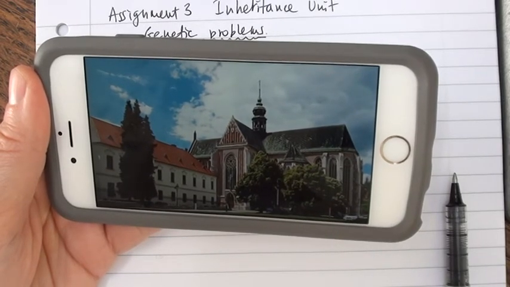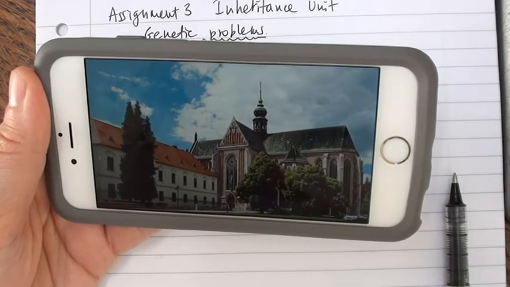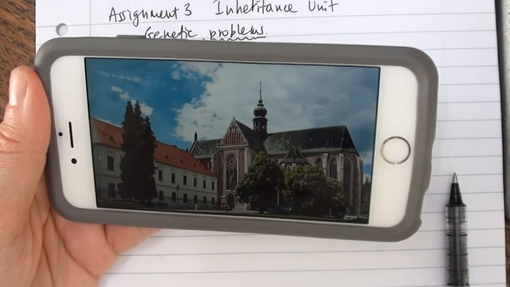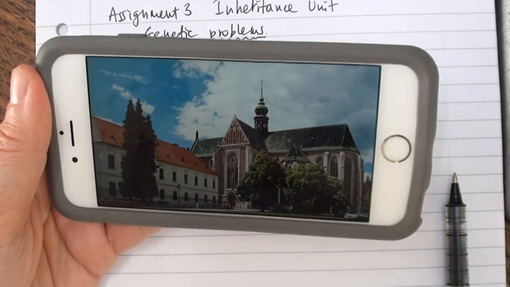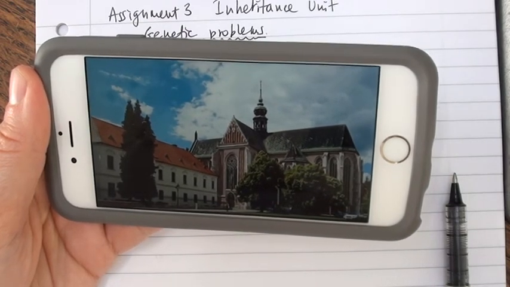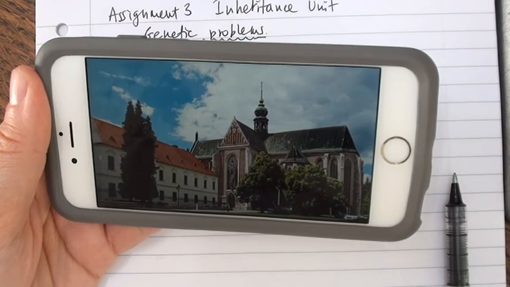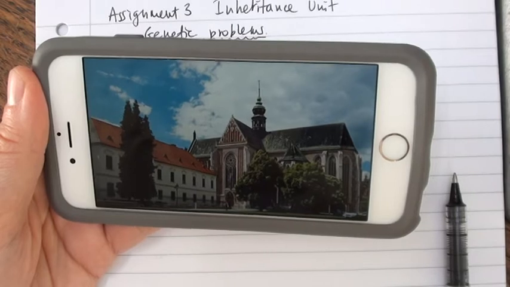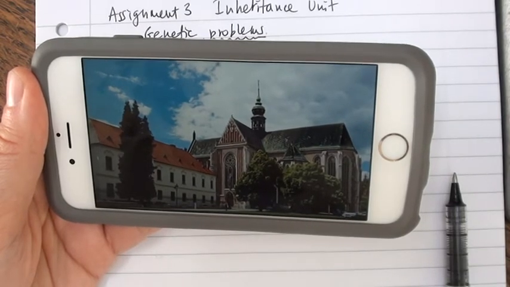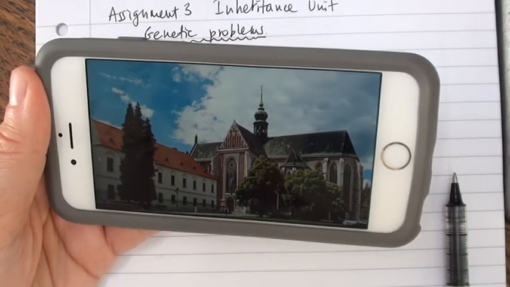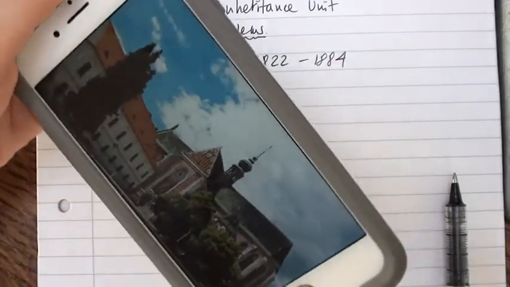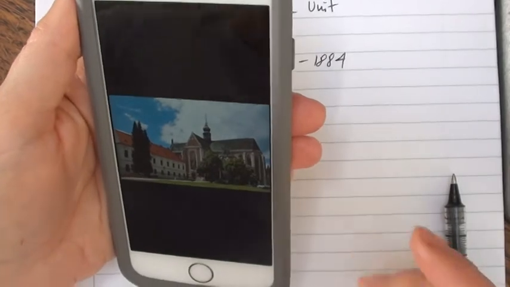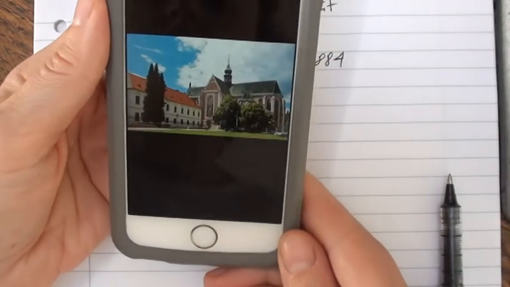But monasteries certainly did have libraries, and they also had another characteristic thing, where they would grow a lot of their own produce. So Mendel was also interested in gardening and looking after plants, and he was interested in looking at how those plants would pass on their characteristics from one generation to the next.